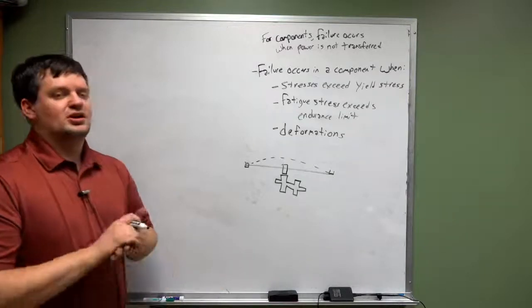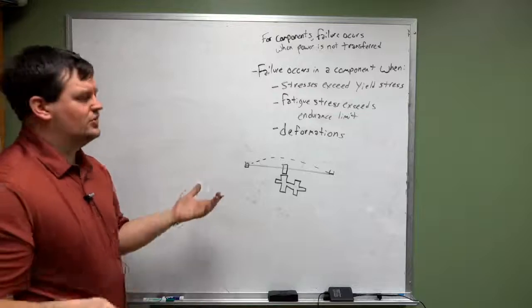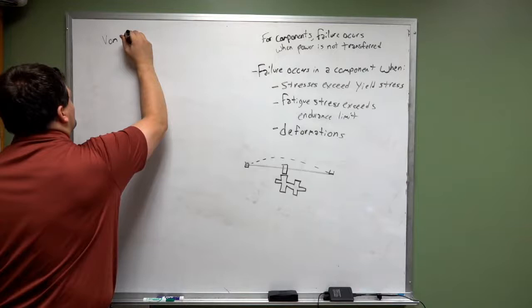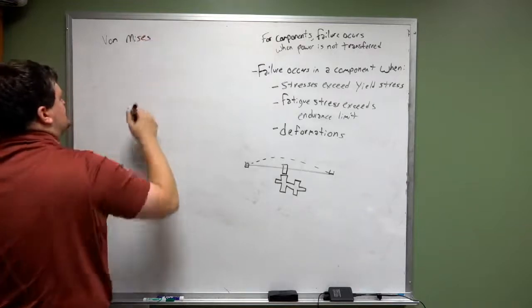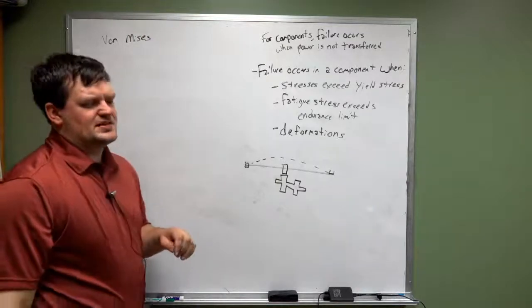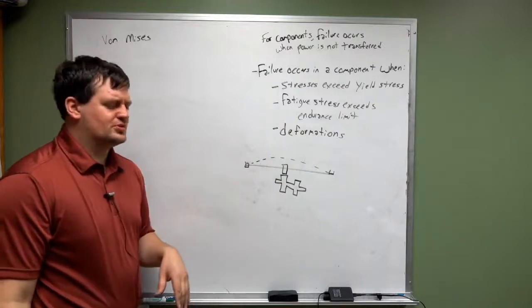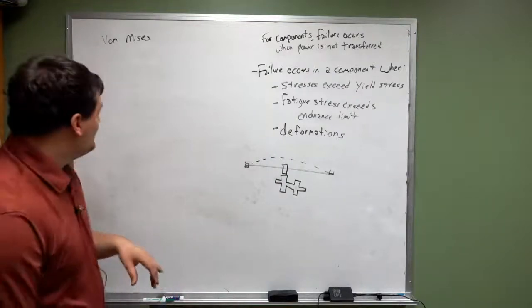We talked about Coulomb-Mohr. We talked about a bunch of things. What I would like for you to remember most from this course is the von Mises stress. It's the distortion energy theorem. I think that's what the D stands for. Don't really remember what the D is right now.